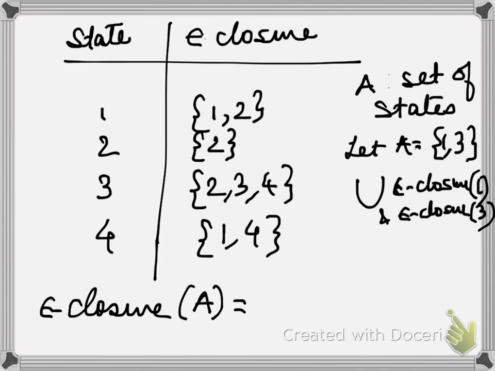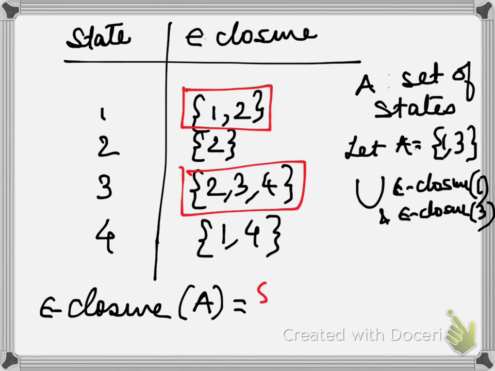The epsilon closure of 1 is {1, 2}, and the epsilon closure of 3 is {2, 3, 4}. So the epsilon closure of A is the union of these two sets, which is {1, 2, 3, 4}. In this manner we can find the epsilon closure of a set or of a single state.